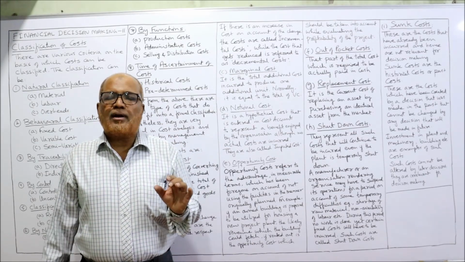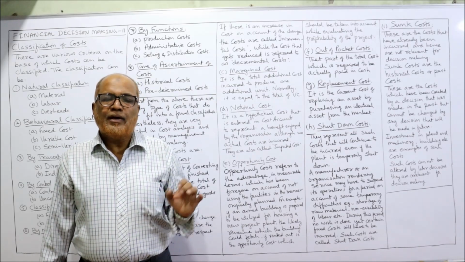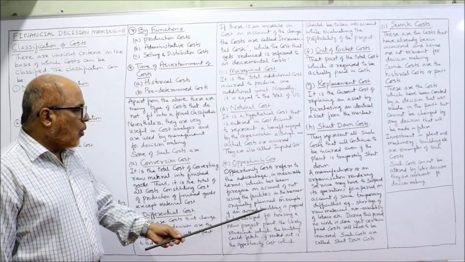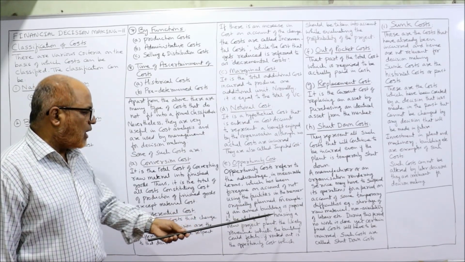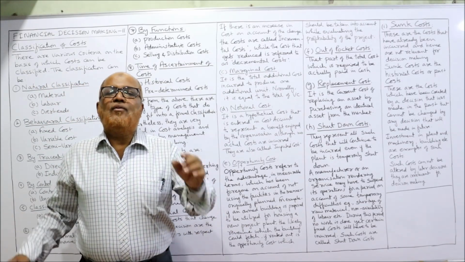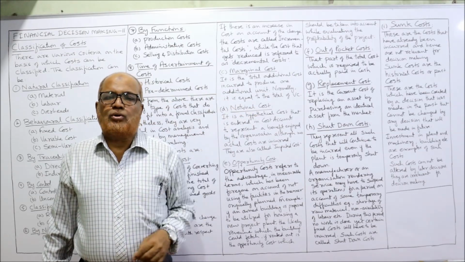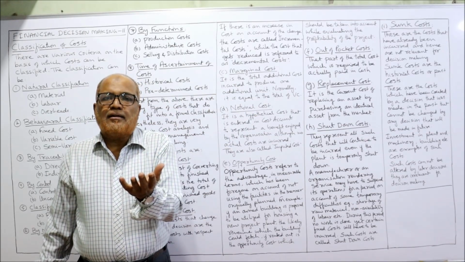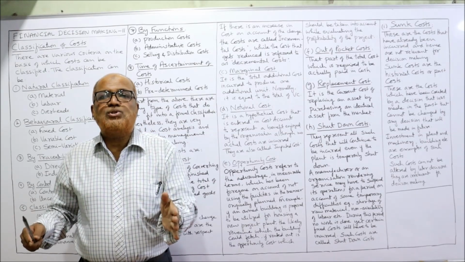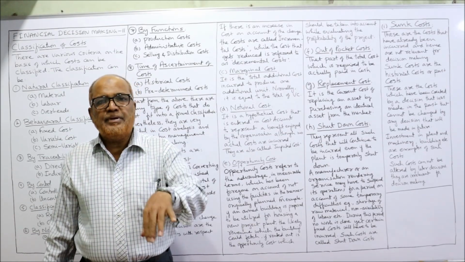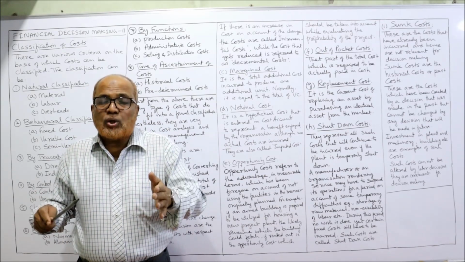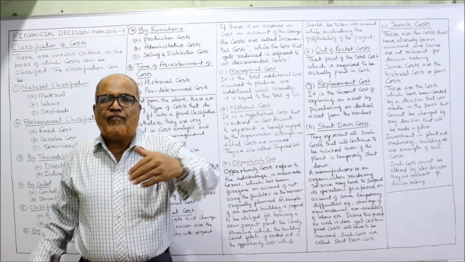The concept will be more clear if I give one example. For example, if an old building is proposed to be utilized for housing a new project plant. If a building is constructed for the purpose of letting out so that we can get the rent, but the same building we are utilizing for our own plant, for our business. Otherwise, actually we have constructed the building for letting out.